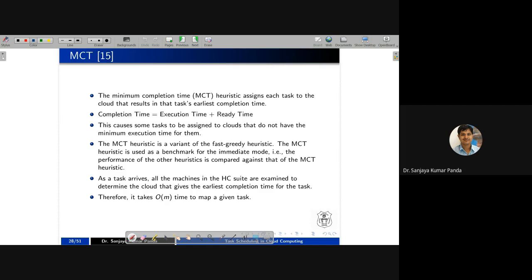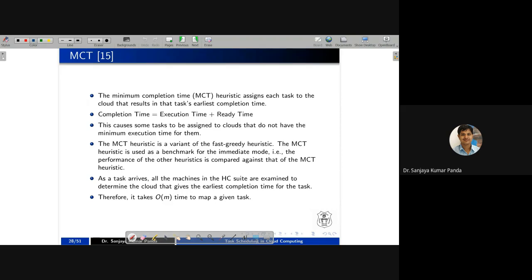Ready time is how much time a particular machine is busy before assigning that particular task. So you need to find the completion time, which is the sum of execution time and ready time. Once you determine the completion time, you are considering both factors.